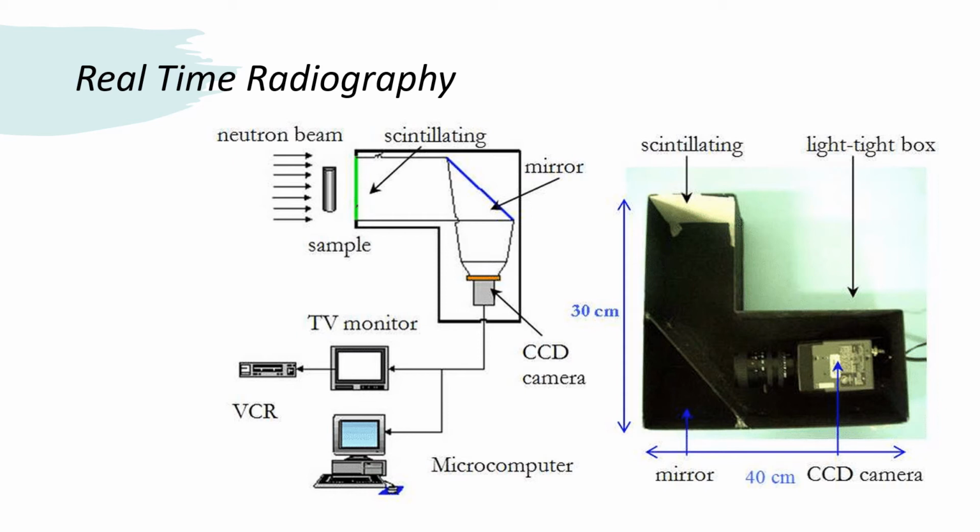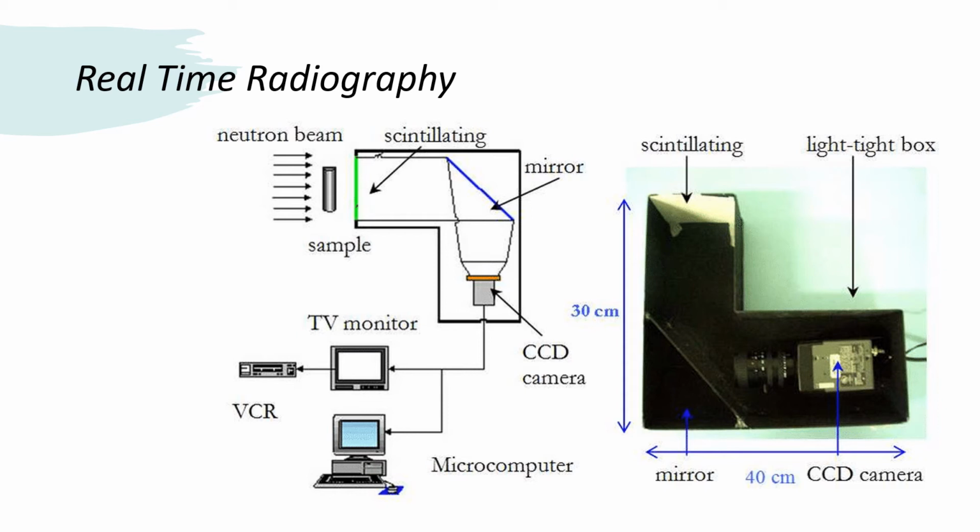To make the conversion, the tube contains an input phosphor, a photocathode, accelerating and focusing electrodes, and a final output phosphor.